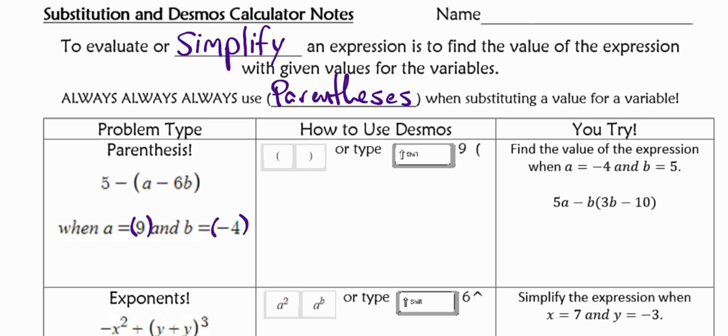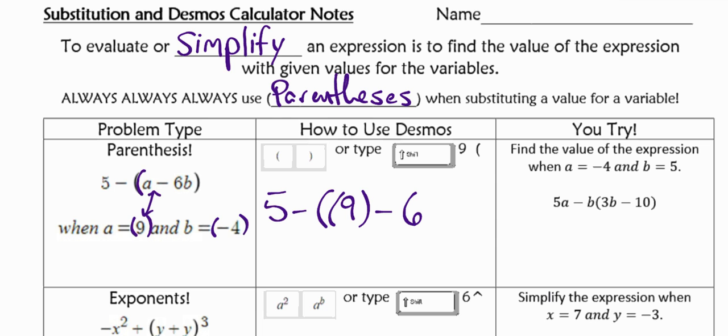So instead of just 9 going in place of A, I'm going to put 9 in parentheses in place of that A. So I'm going to rewrite this expression. 5 minus, then I have my opening parentheses here. That's written in the problem. And then I have A. So instead of that A, I'm going to put 9 in parentheses.